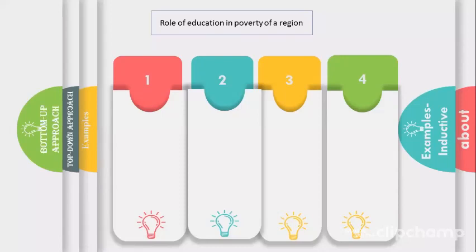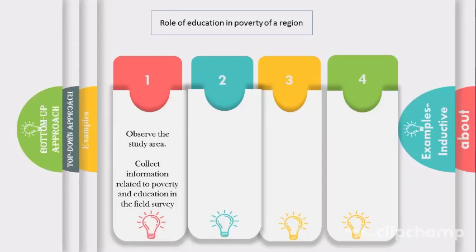So how will an inductive researcher start with this statement? Since inductive researchers do not have a theory, they start with observations, as I have told before also. So the first step for the inductive researcher, to understand the role of education in poverty of a region, will be to observe the study area. While he is observing the study area, he will start collecting information about two parameters.